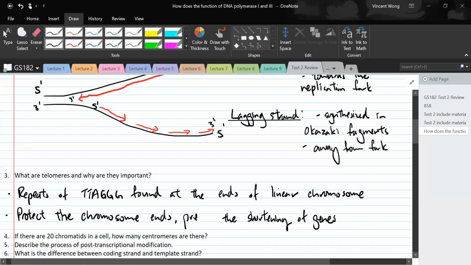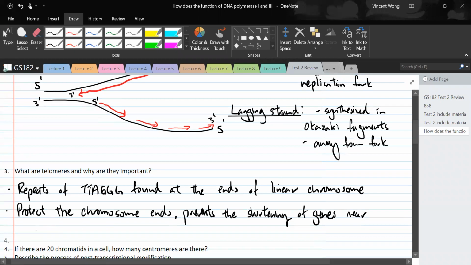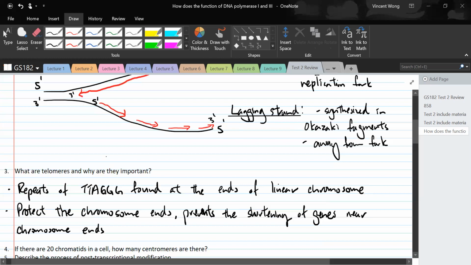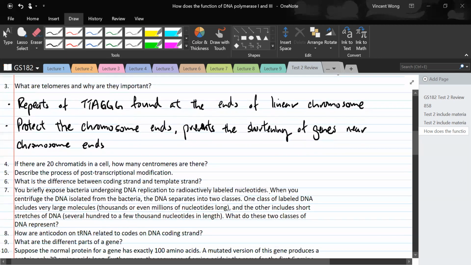Prevents sounds better. Prevents the shortening of genes near chromosome ends. Okay, because every time you copy your DNA, the DNA strand gets shorter and shorter, right? And so you want to prevent genes that are located near the ends from being deleted due to that process. So having a little bit of telomeres there will achieve that.